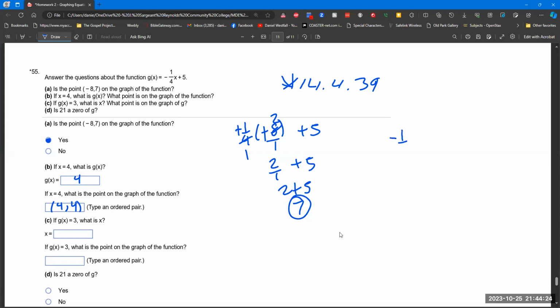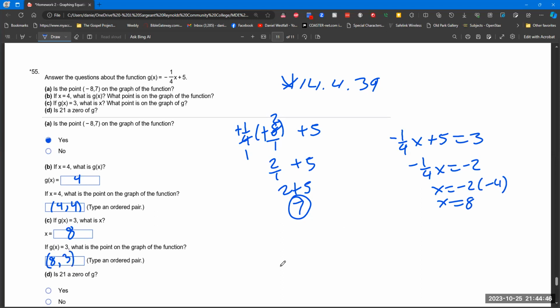So -1/4 x plus 5 equals 3. -1/4 x equals -2. x equals -2 times -4. x equals 8. And we have the ordered pair 8, 3.